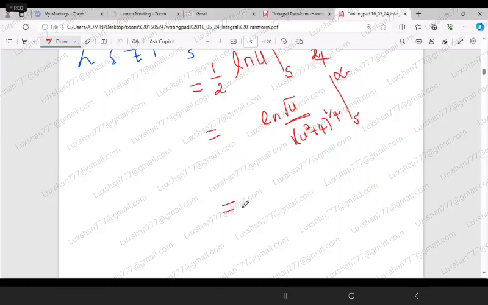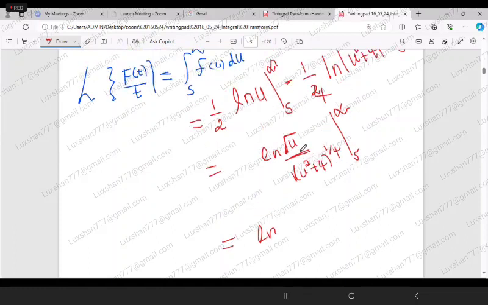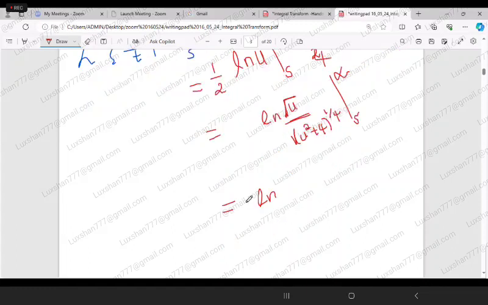So what is the answer of this one? If you take half out, you can write it as half ln of u over square root of u squared plus 4. Okay, we can write this one. We have to substitute s to infinity.